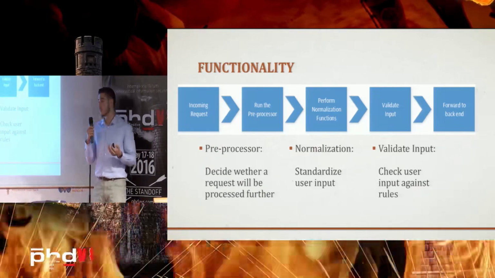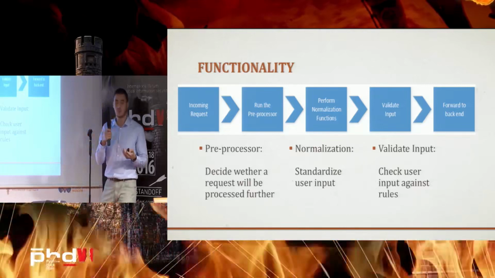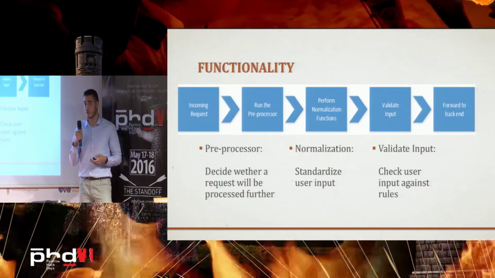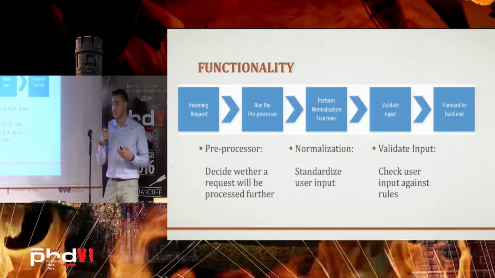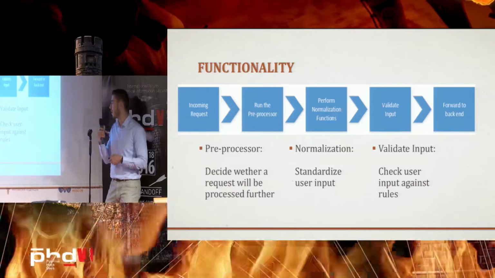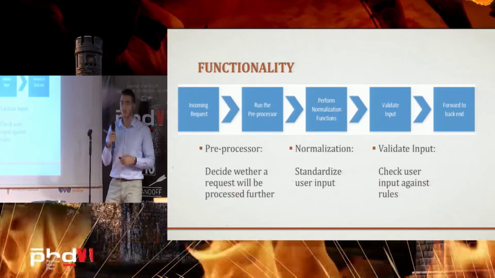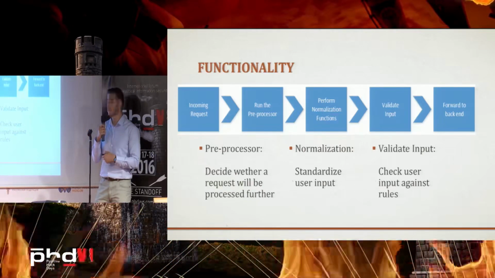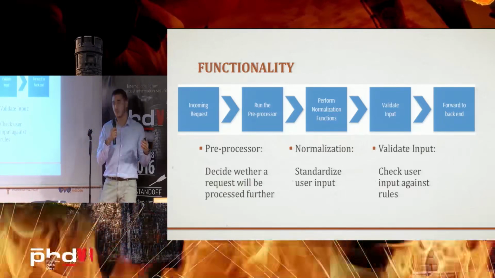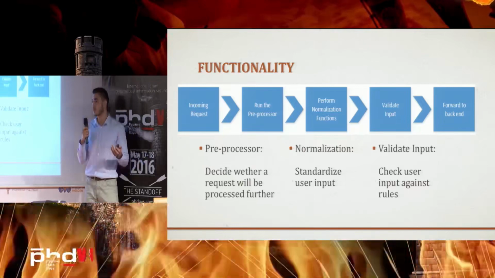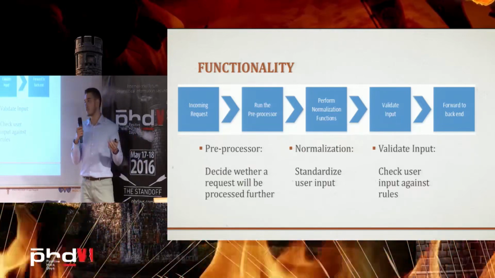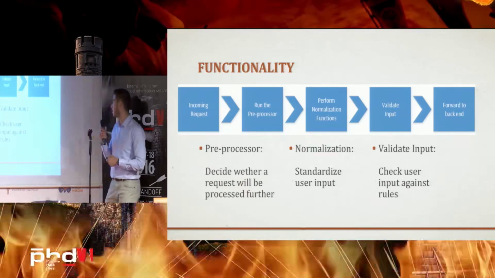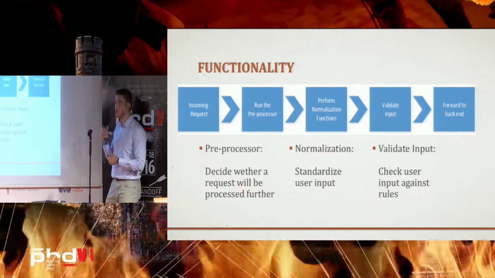There are many different forms of input. We have hex encoding, we have URL encoding, and so on. To normalize and standardize it, the WAF applies normalization functions. After that, the input is validated. The input of the user is run against some rules, and if there is a match, the input is either blocked or forwarded to the web server, as seen in this last step.